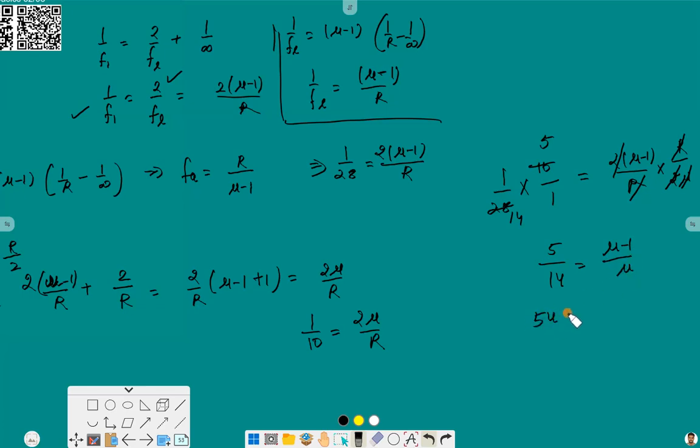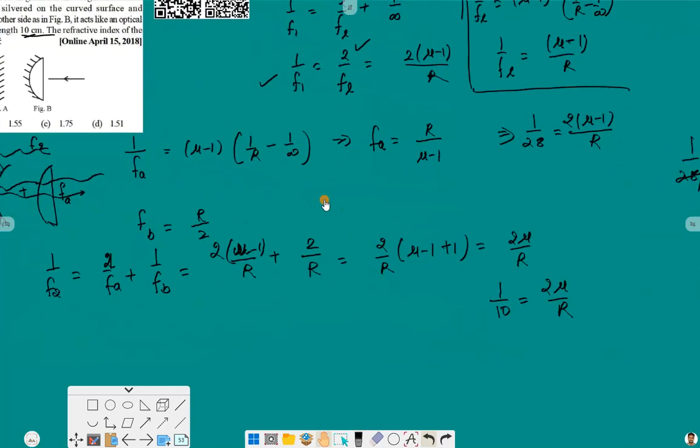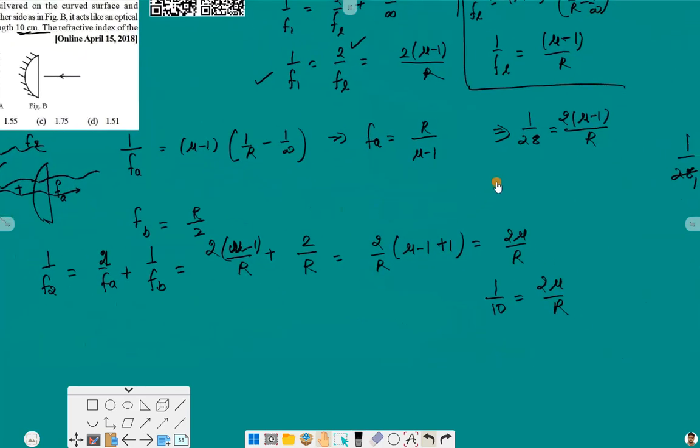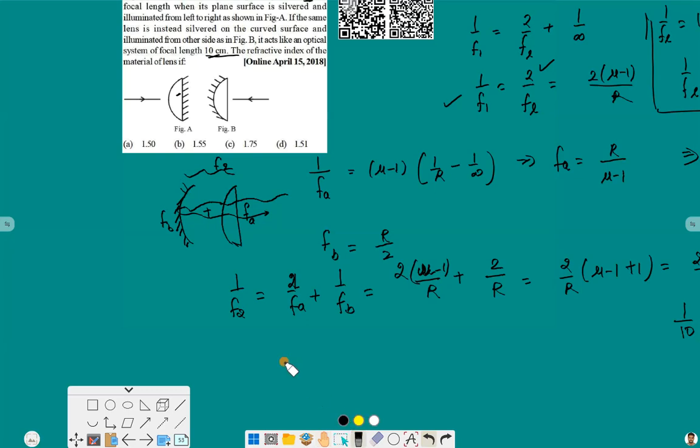So 5 mu is equal to 14 mu minus 14. 14 is equal to 9 mu, and mu will be equal to 14 by 9. And if we check, 14 by 9 is around 1.55, and that is option B here.